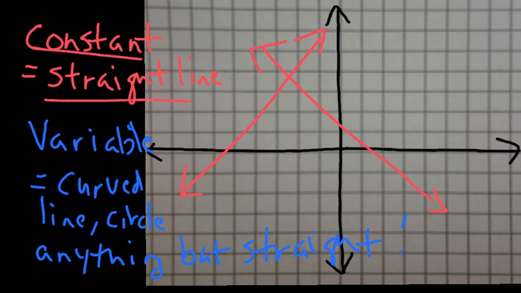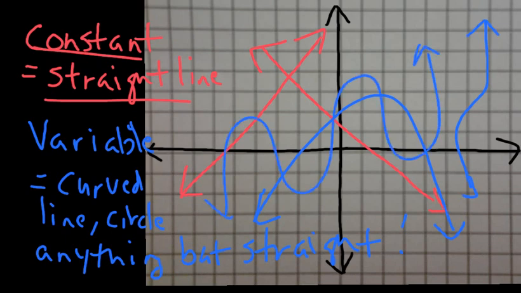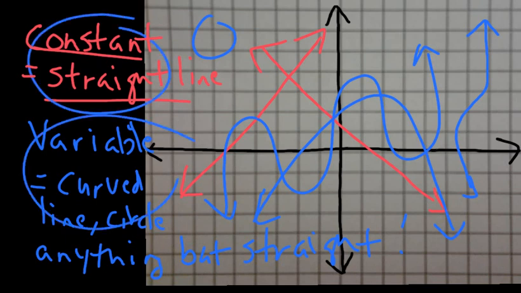Now, if it's any kind of a curve, like it might be this kind of a curve, that's variable. It might be this kind of a curve, that's also variable. It could even be a wiggly line like this, that would be variable. It could be a circle. Anything that's not straight is variable. So if it's a straight line, it's constant. If it's a curved line, it's variable.